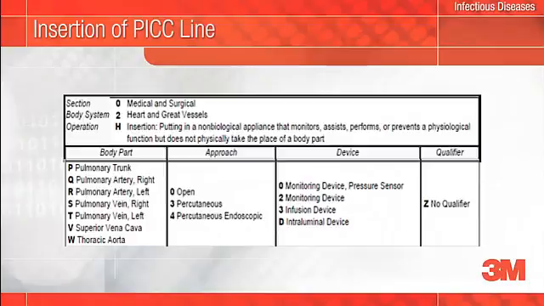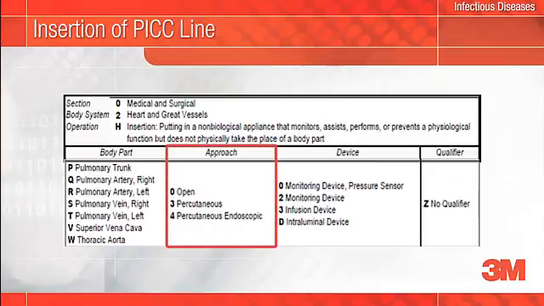The root operation definition for this procedure in ICD-10 PCS is insertion, which is defined as putting in a non-biologic appliance that monitors, assists, performs, or prevents a physiologic function but does not physically take the place of a body part.